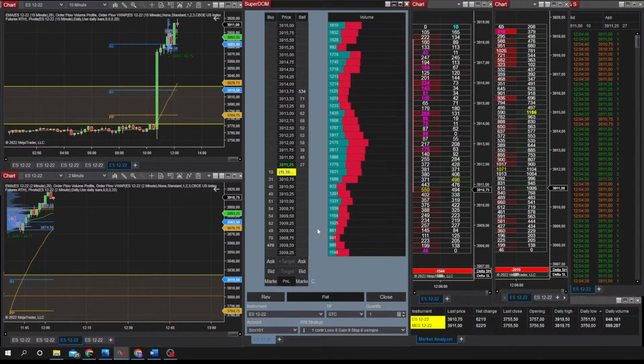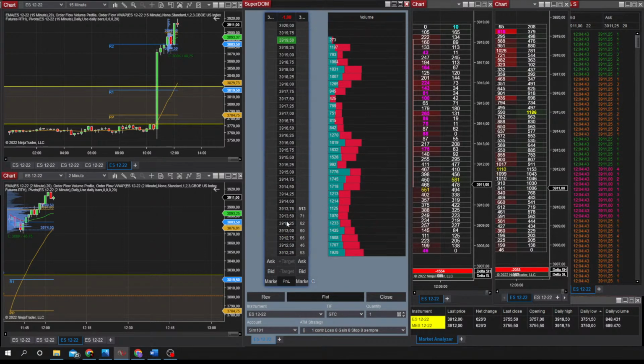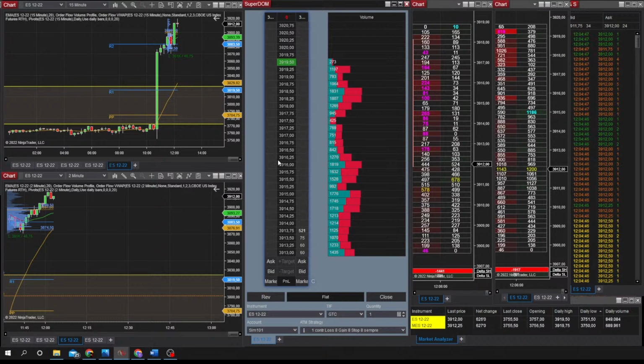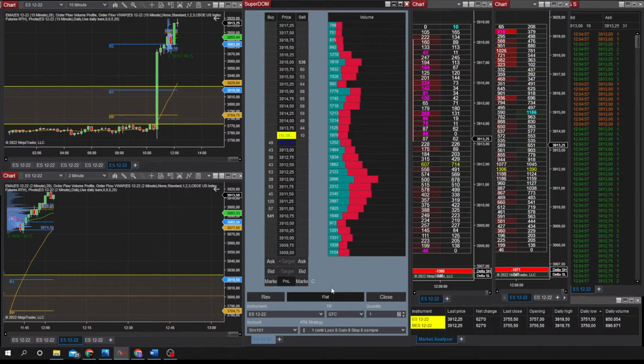Let's see where it's going to be able to reach. Let's see if it's going to test the top again or if it will stop in the 3916 region or even the 3920.